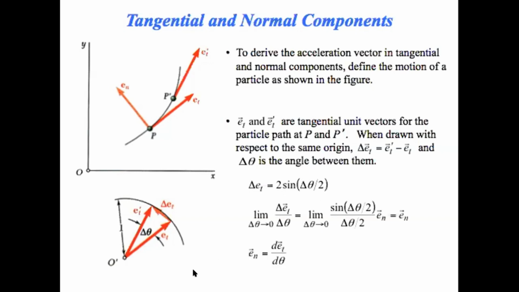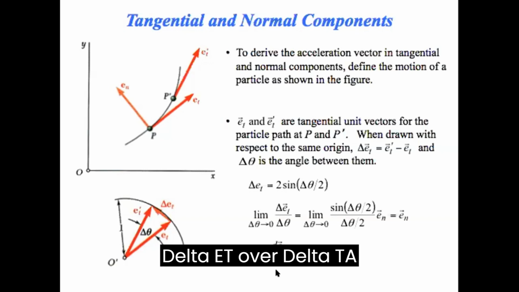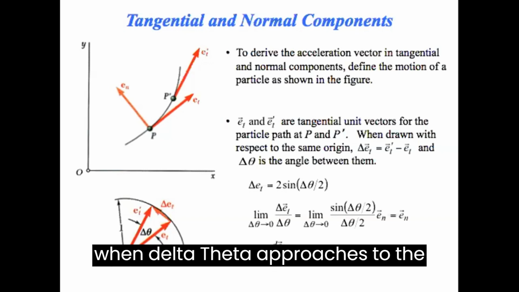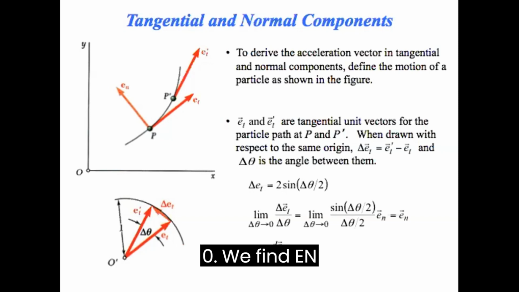And EN equals delta ET over delta theta. When delta theta approaches zero, we find EN equals dET over d theta.